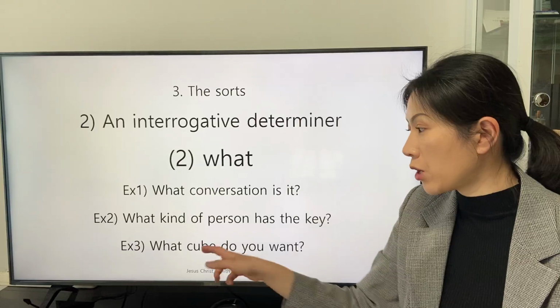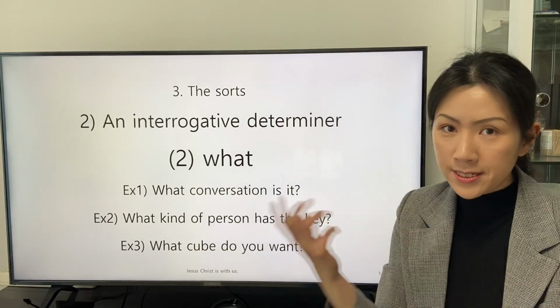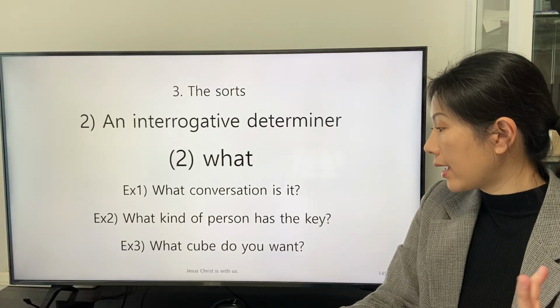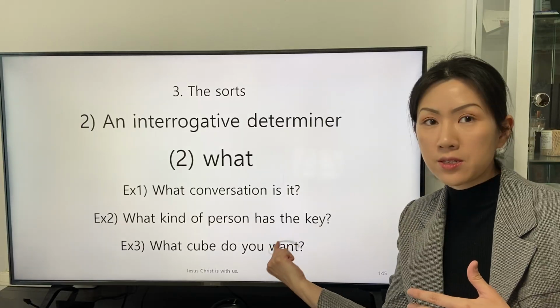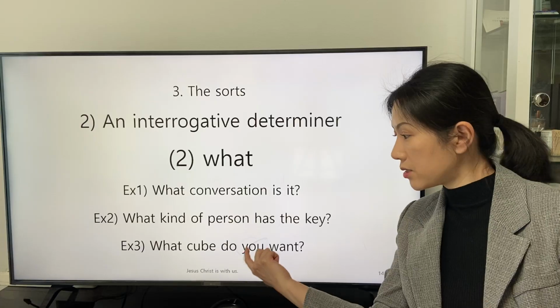The phrase of the general noun what cube has the role of the object to receive the definition of the transitive verb want from the listeners as the subject.